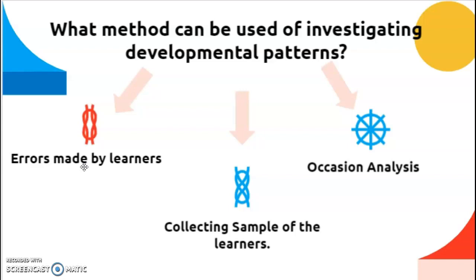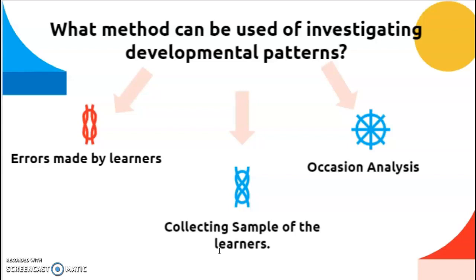Furthermore, developmental patterns can also be studied by collecting samples of the learners over a period of time in order to determine which linguistic feature emerges and when in the learner's language.